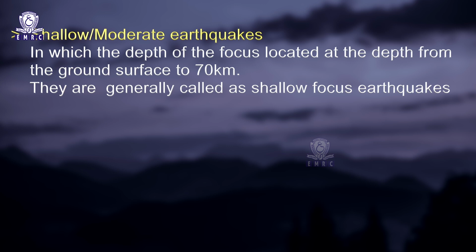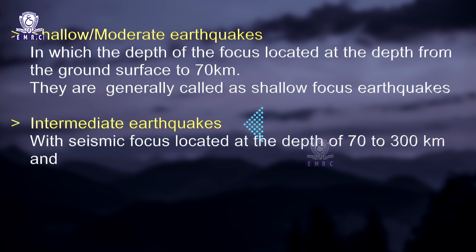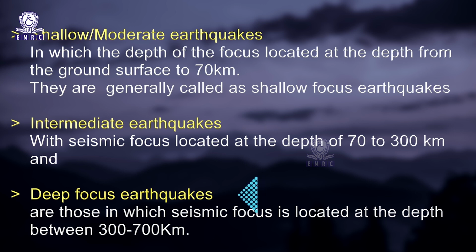They are generally called shallow focus earthquakes. Two, intermediate earthquakes, with seismic focus located at a depth of 70 to 300 kilometers. Three, deep focus earthquakes, in which the seismic focus is located at a depth between 300 and 700 kilometers.